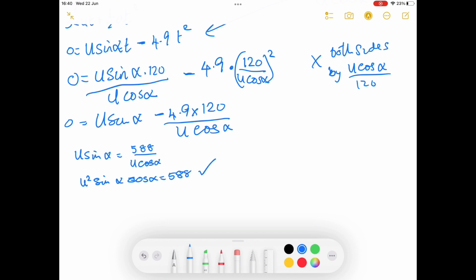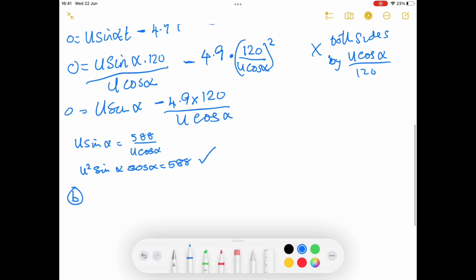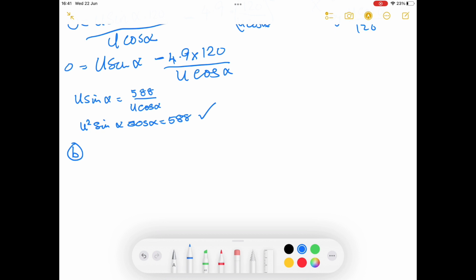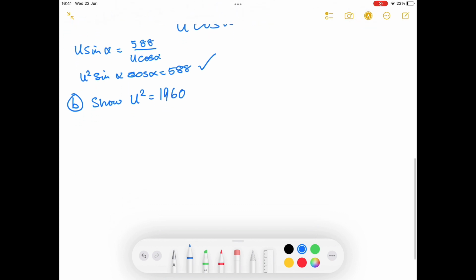Okay, second part. We're given that the vertical height it reaches is 10 meters, and we've got to show u squared equals 1960. So again, let's write down what we know on the vertical side.